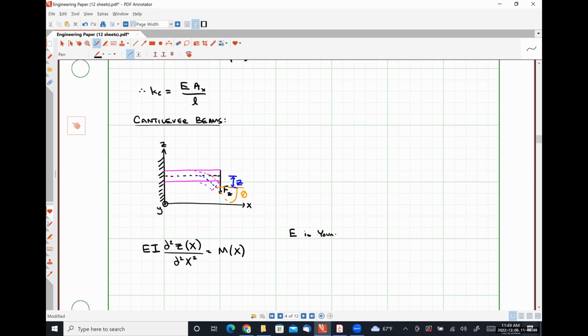E is the Young's modulus of the beam material. I is the second moment of inertia in the direction of beam bending.